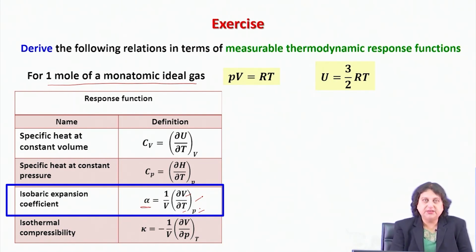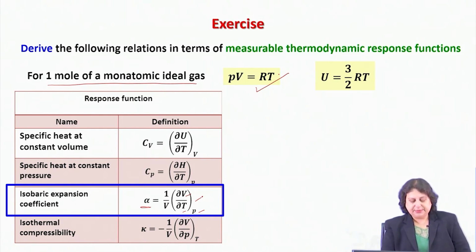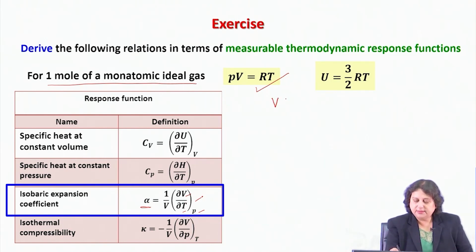Which expression gives me that? Obviously, the equation of state for the monatomic ideal gas, and therefore, since I am taking a derivative of volume with respect to temperature, I am going to use the equation of state to write down volume as RT by P.